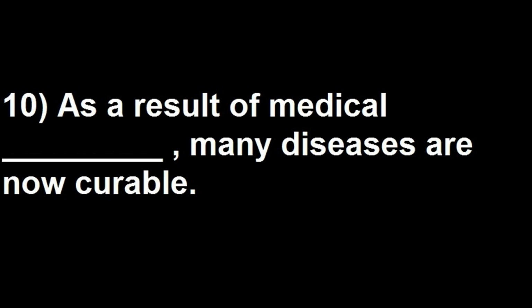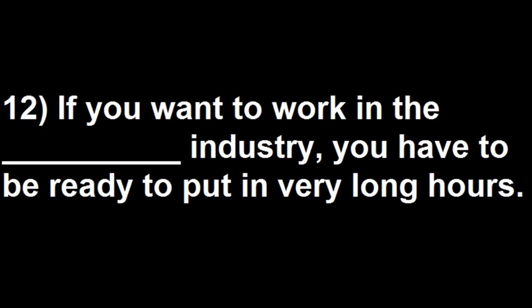As a result of medical, many diseases are now curable. Number 11. This vegetable is used to make chips and crisps. Number 12. If you want to work in the industry, you have to be ready to put in very long hours. Let's go on with the answers.